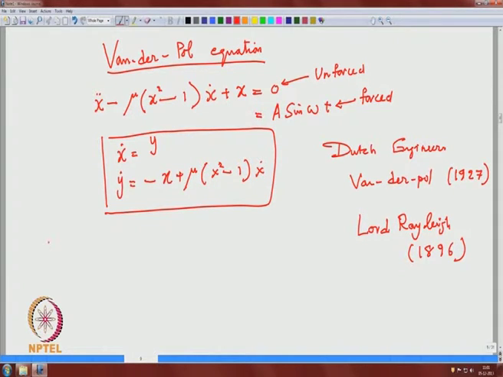So, you will see the behavior probably in this course, periodic solutions and chaotic behavior, all that analysis. Other people like Cartwright, I think I am right, Cartwright and Littlewood did a further, more detailed mathematical study later.